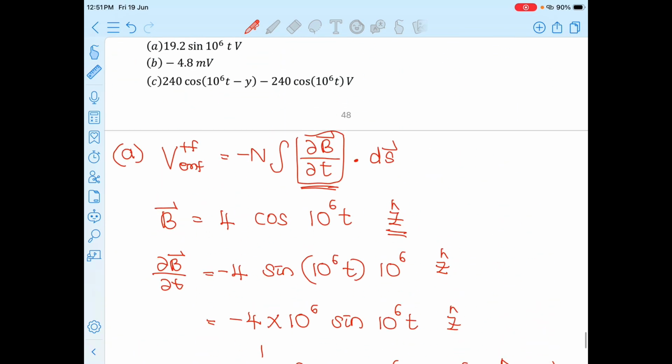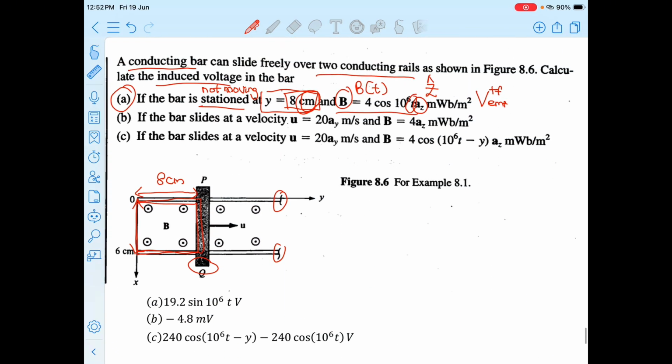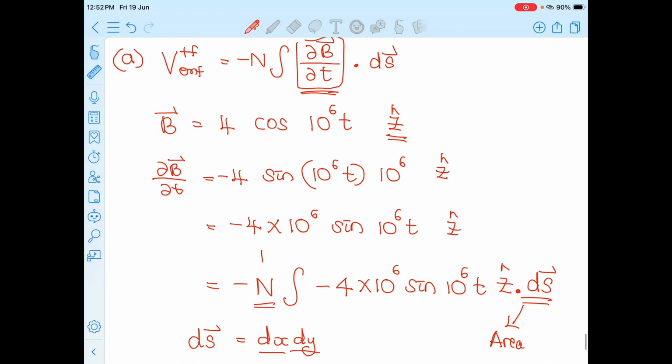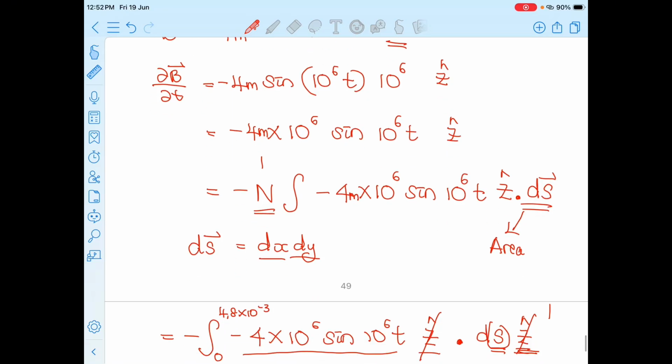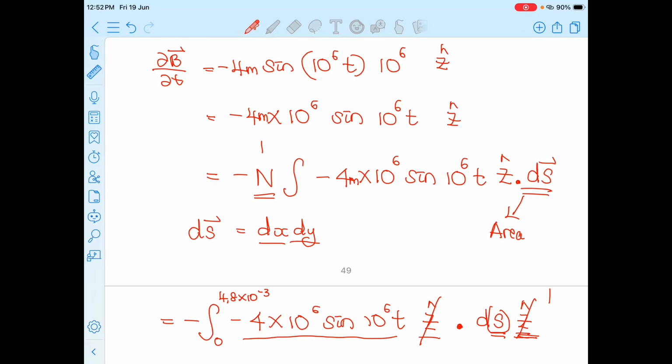Class, over here I missed a symbol. There is a milli, so this means that this is 4 milli. I have to include it. Milli means 10^-3, so here I will simplify it as 3.